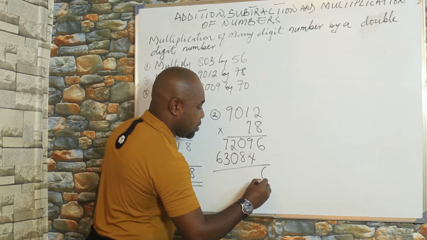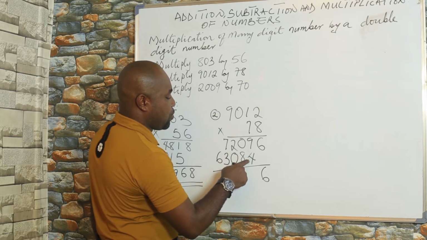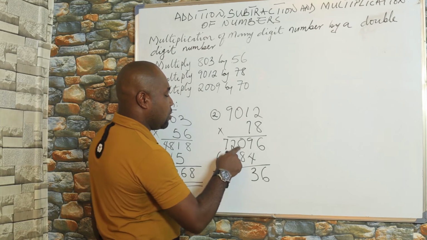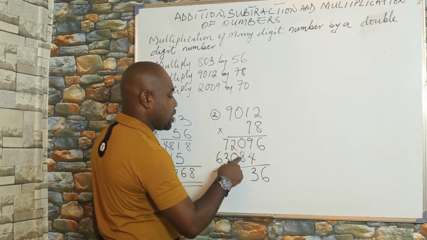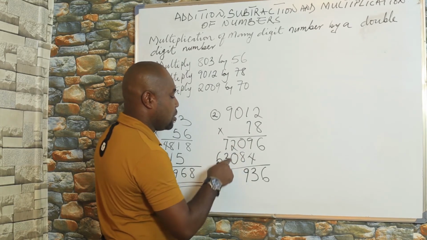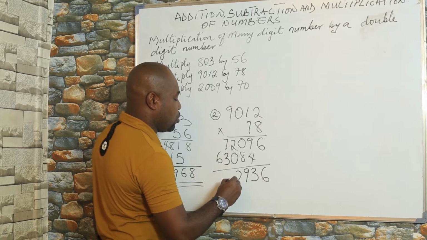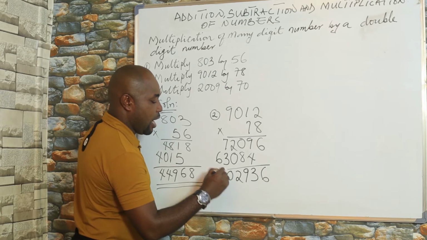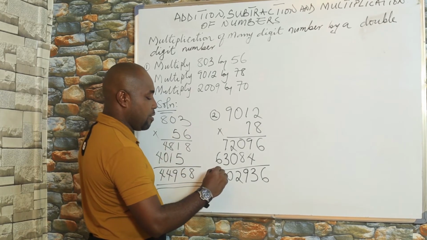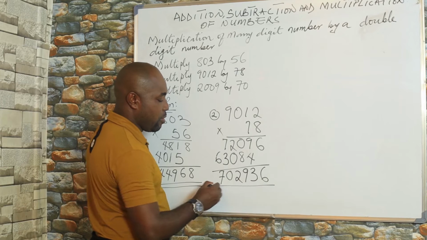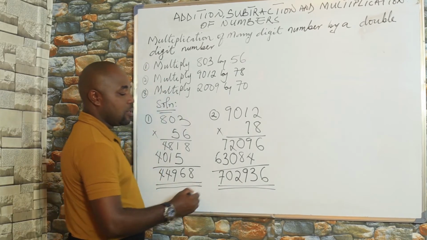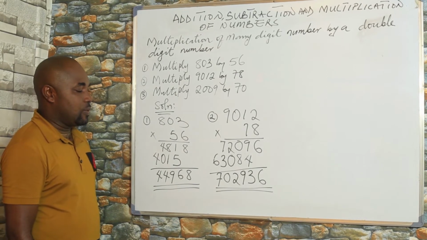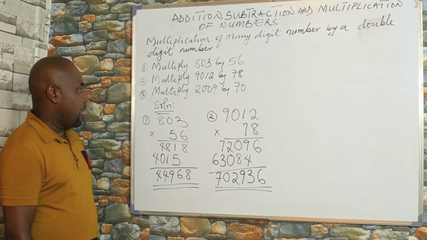This is 6. 9 plus 4 is 13. Write 3, carry 1. We put it here as 1. Plus 8, we have 9. 2 plus 0, we have 2. 7 plus 3 is 10. We write 0, carry 1. We put it here as 7. This is our final answer: 702936.